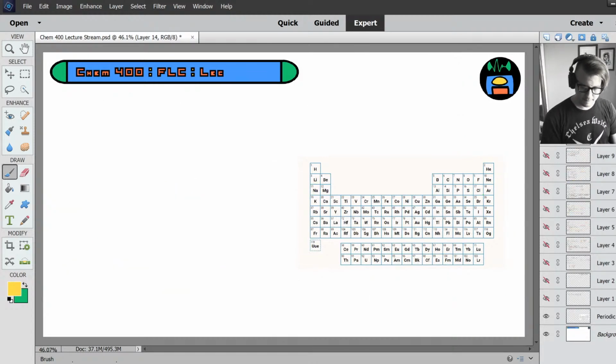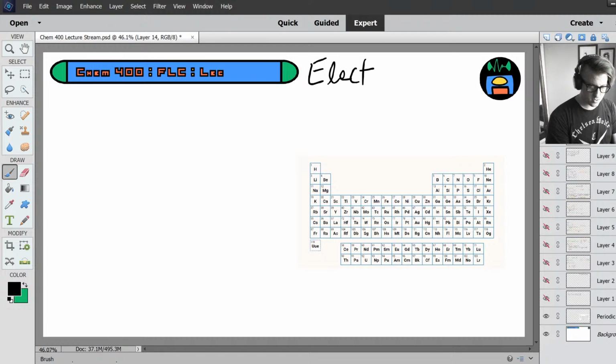A periodic trend that we've talked about already, but we should take a moment to just review it for completeness. Electronegativity.